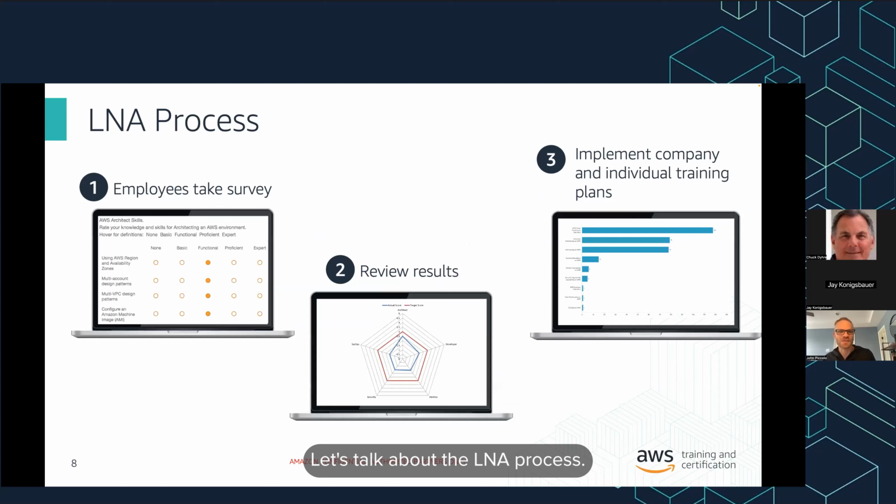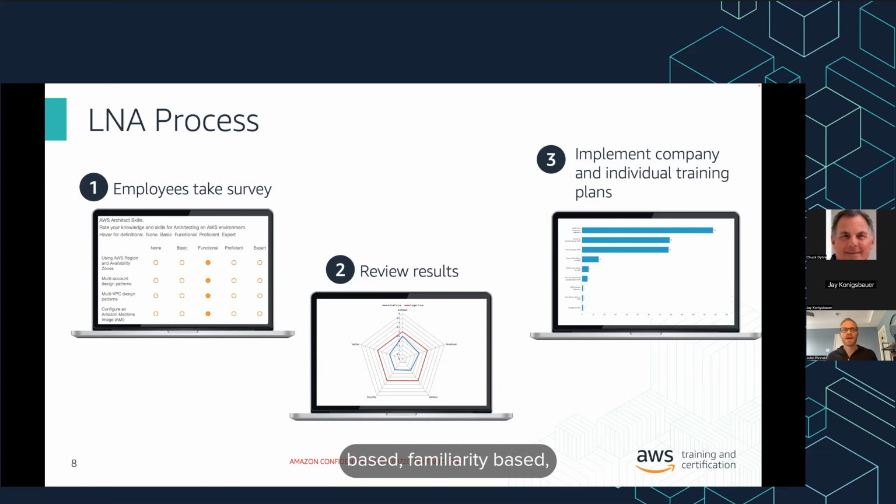Let's talk about the LNA's process, right? The LNA, when you boil it down, is a survey, and it is easy to deploy. It's easy to consume. Employees will get basically a URL. They'll access the survey. They'll identify what team they're part of, and then what happens is they'll answer a variety of questions. These questions are going to be competency-based.